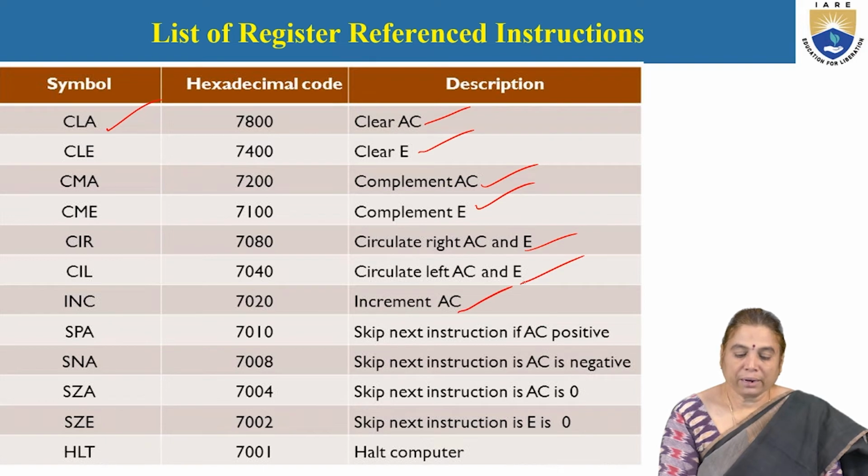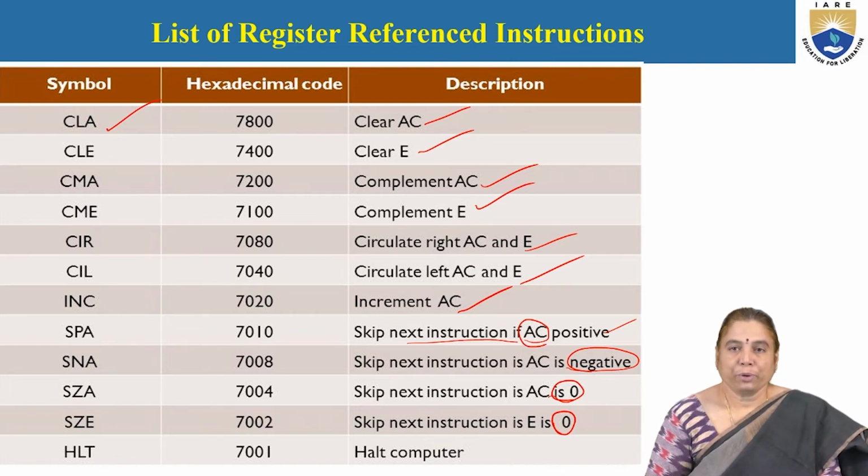INC, increment the accumulator. SPA, skip the next instruction if the accumulator contains a positive value. SNA, skip the next instruction if the accumulator contains a negative value. SZA, skip the next instruction if the accumulator contains a 0 value. SZE, skip the next instruction if E value is 0. HLT means halt the computer.